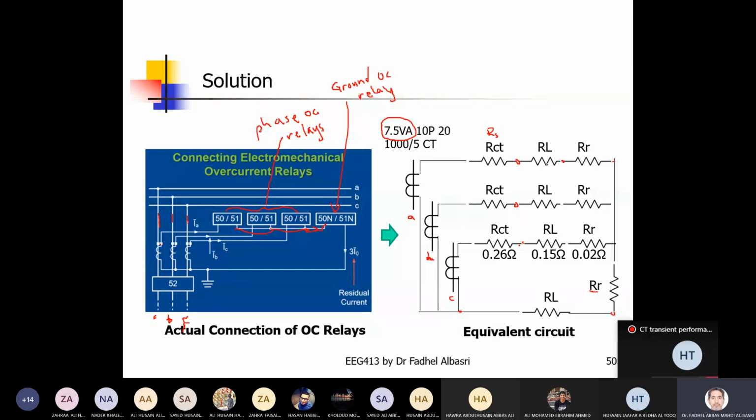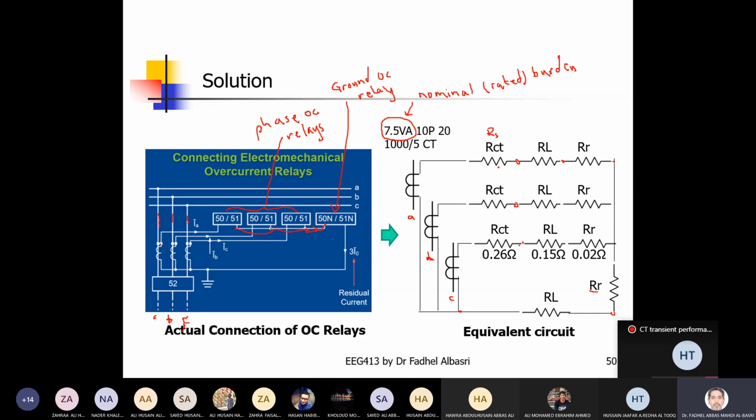So I have to check what is the actual burden, and this is the nominal burden. So this is the nominal, rated burden. Now I have to check the actual burden, which is the load currently connected. So the actual burden is this, which represents the lead and the relay, and we don't consider the ground here.